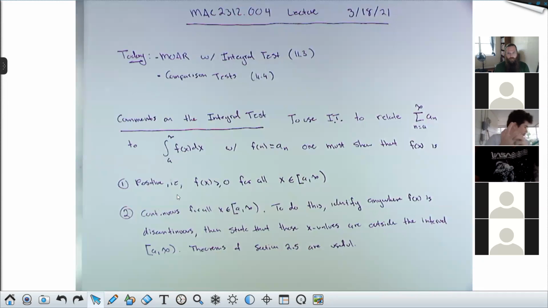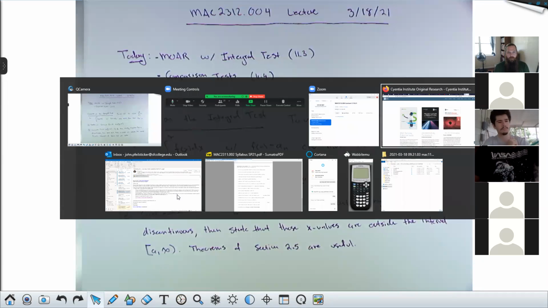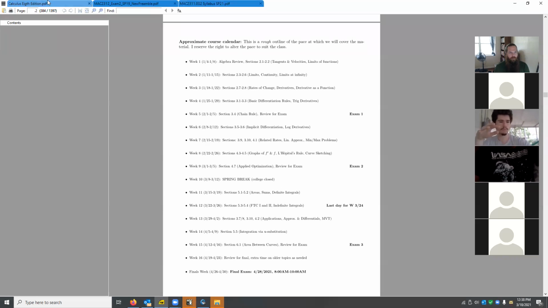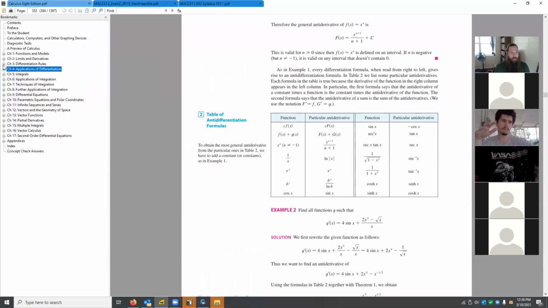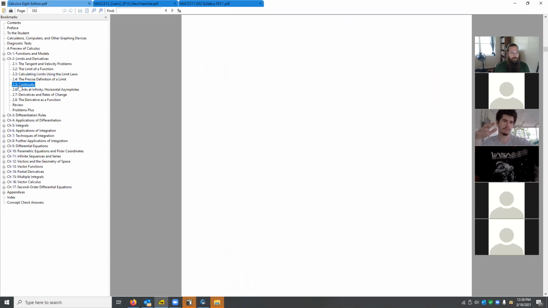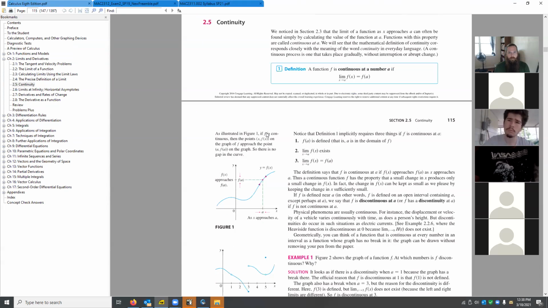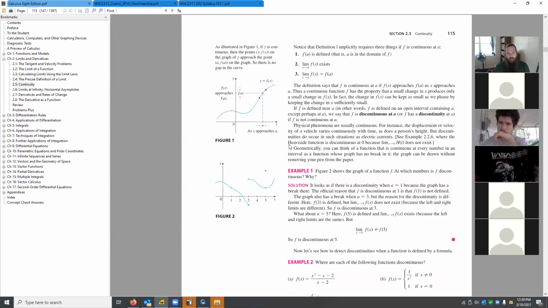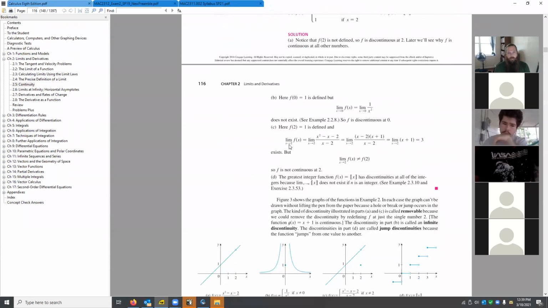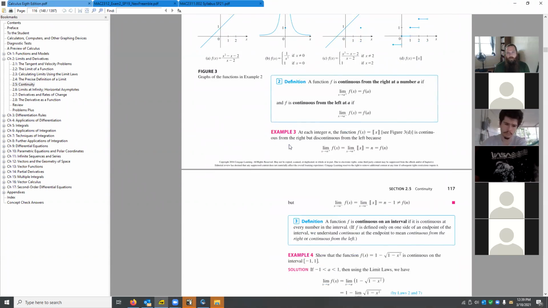You have progressed on to Calc 2, and thus I am allowed and indeed need to assume that you know the material from Calc 1. So if there's a gap in your knowledge here, don't be shy about it. Come back in the textbook to Chapter 2, Section 5, and read the thing. It's a good book, right? It's a genuinely good book. Read the words, study the graphs, work the examples, and make sure you understand.